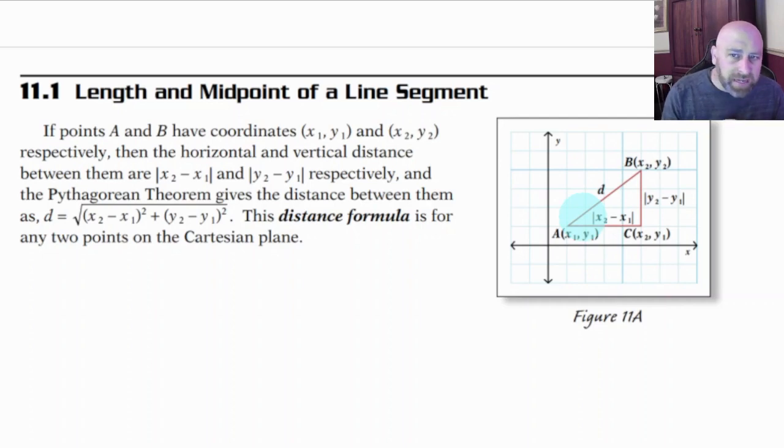So you can do that on the Cartesian plane whenever you have 2 points. This is a delineation of the Pythagorean theorem using x and y and r, or in this case d for distance. And so this will give you the distance or the space apart that any 2 points are on the Cartesian plane.